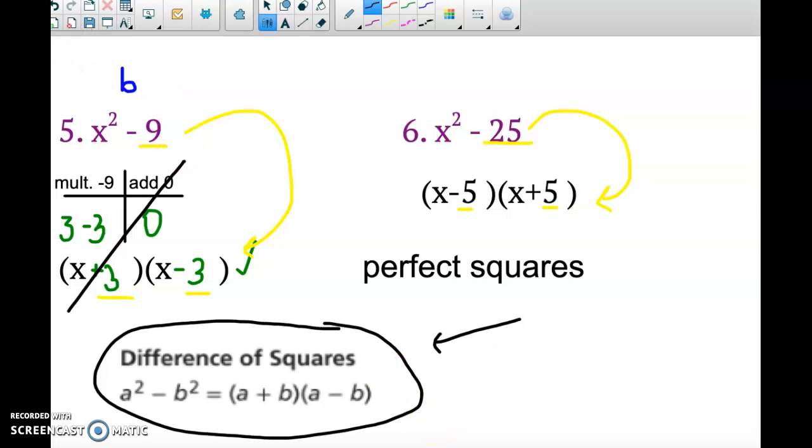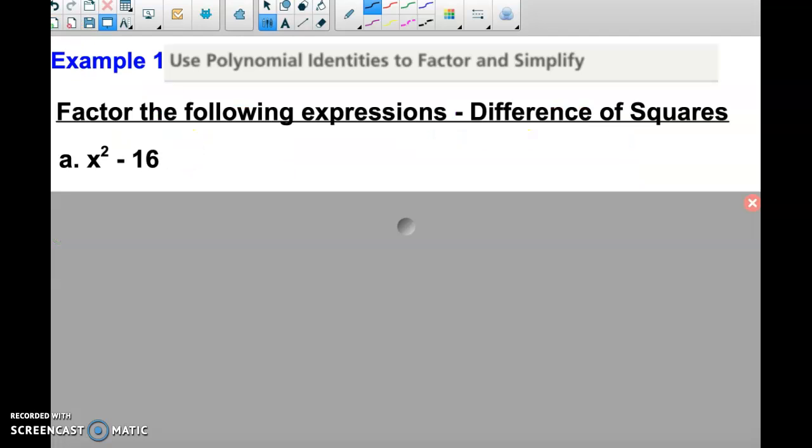The first practice we're going to do is this guy. The direction says factor the following expression. I'm not going to make the chart anymore. I need to be able to recognize, oh, 16, that's a perfect square. So I'm going to use that formula. What I need to use that formula, though, is I need to find out what A is and what B is.